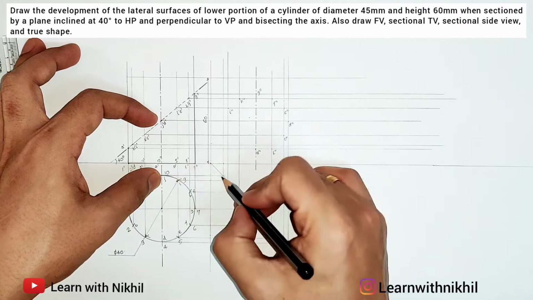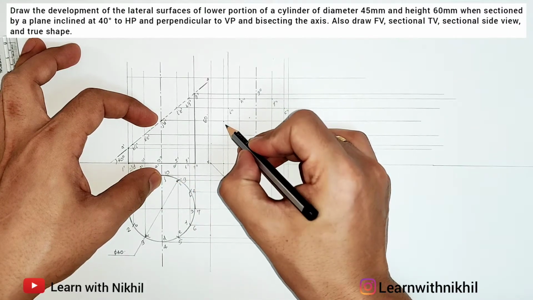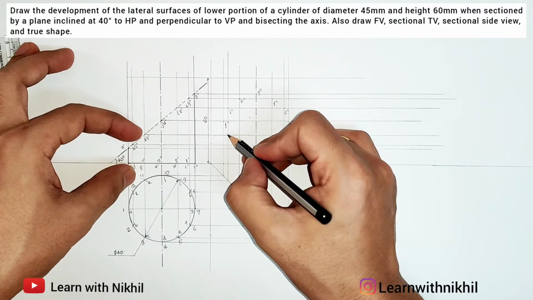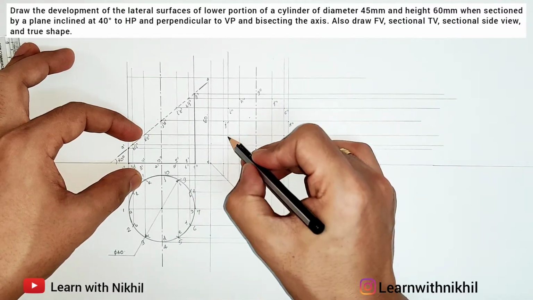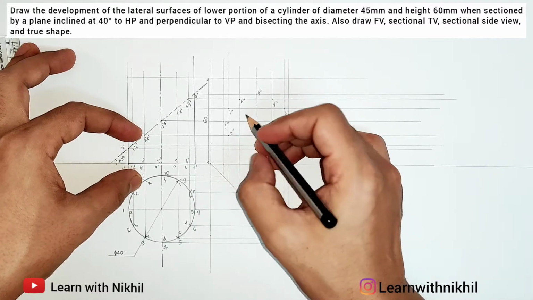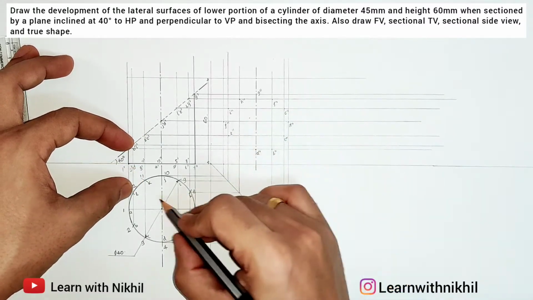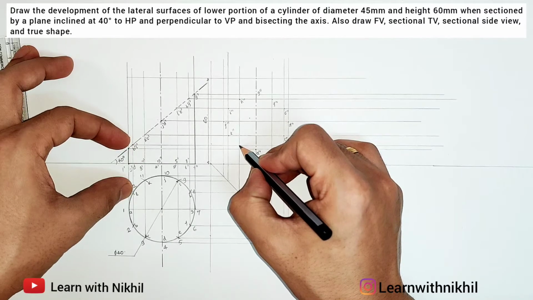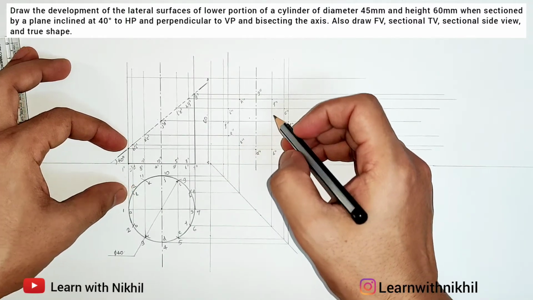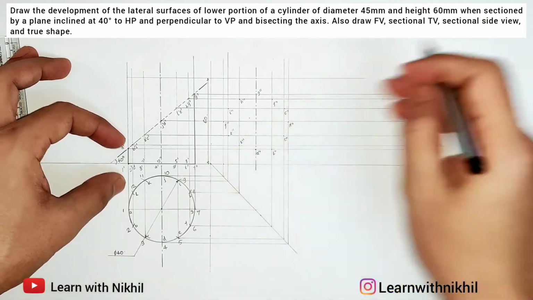Then J dash, intersection will be J double dash. K dash, intersection will be K double dash. Then L dash, intersection will be L double dash. So you have to name these properly so you can use the intersections properly and plot the points.